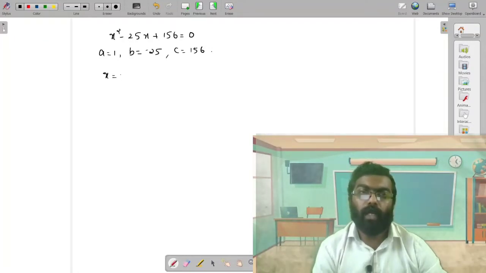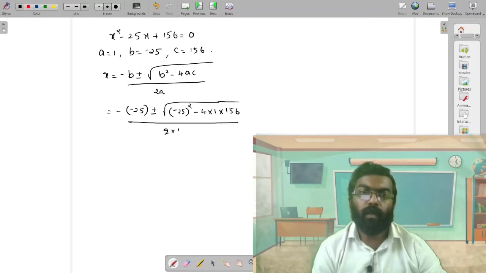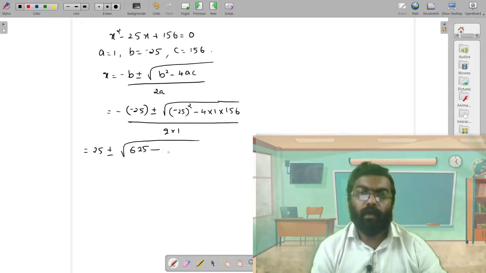And the formula x equal to minus b plus or minus root of b square minus 4ac whole divided by 2a. And here minus of minus 25 plus or minus root of minus 25 the whole square, then minus 4ac, 4 into 1 into 156 whole divided by 2 into 1. That is 25 plus or minus root of 625 minus 4 into 156, that is 624, divided by 2.